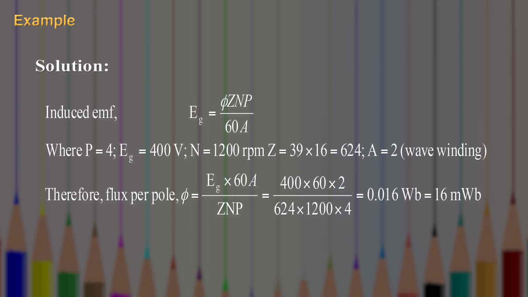Phi can be written as E into 60 into A upon Z and P and N. Just put the value of E, that is 400, parallel paths 2, Z equal to 624, N given as 1200, and number of poles P equal to 4. After solving, the flux per pole comes to 16 milliweber.